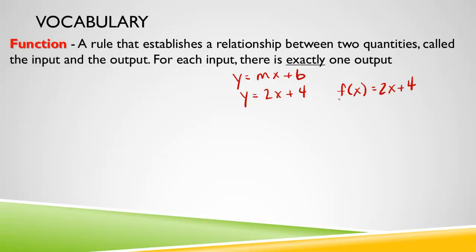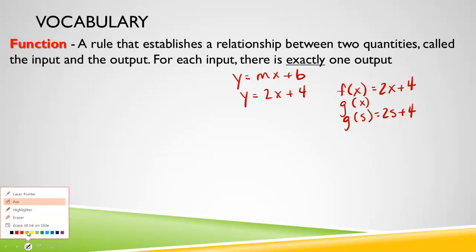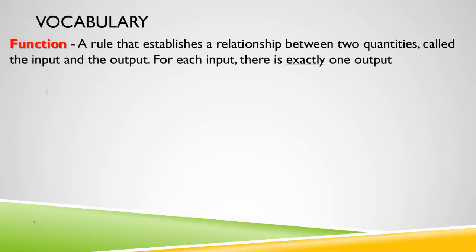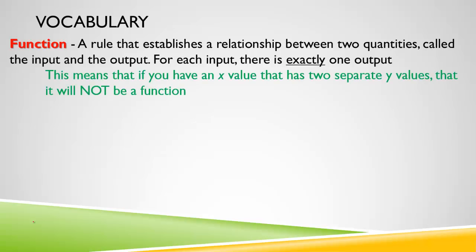So that could also be like g of x, or could be like g of s if we change the equation to this. So basically, whatever's in the parentheses is going to be your variable in that equation. But don't worry too much about that just yet. We'll get into it. That means you can have an x value that has two separate y values, and it will not be a function.